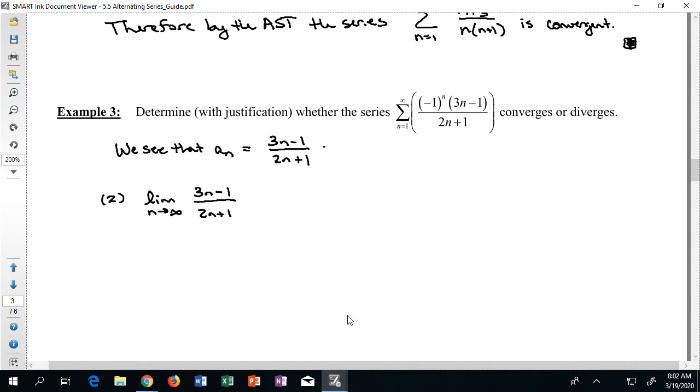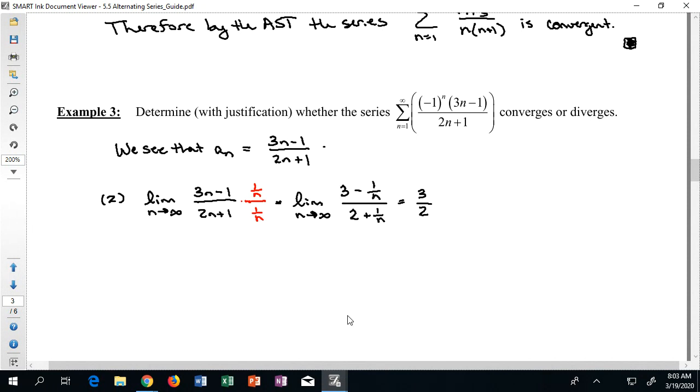Okay, so an answer that we could end up with here, if I multiplied everything by a 1 over n on top and bottom, I could easily see that this turns into 3 minus 1 over n over 2 plus 1 over n, and that just turns into 3 halves.